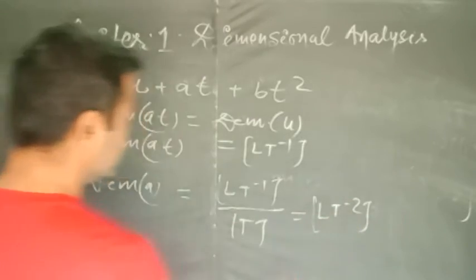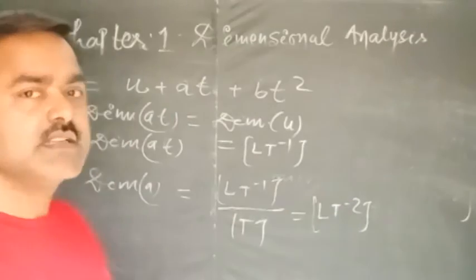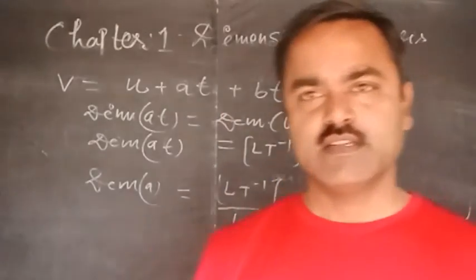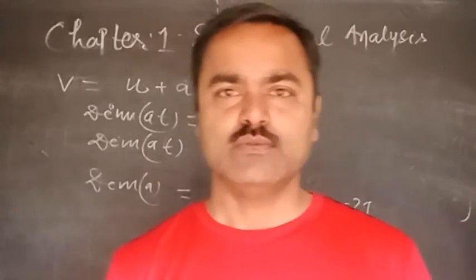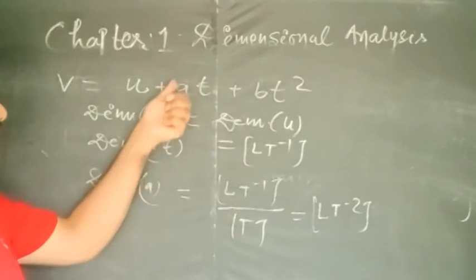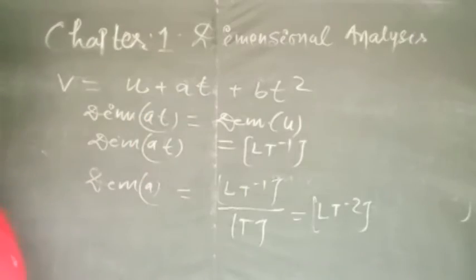So definitely a is what? Acceleration, because here we have got the dimensional formula of acceleration as LT⁻². So definitely it is sure this is the acceleration.